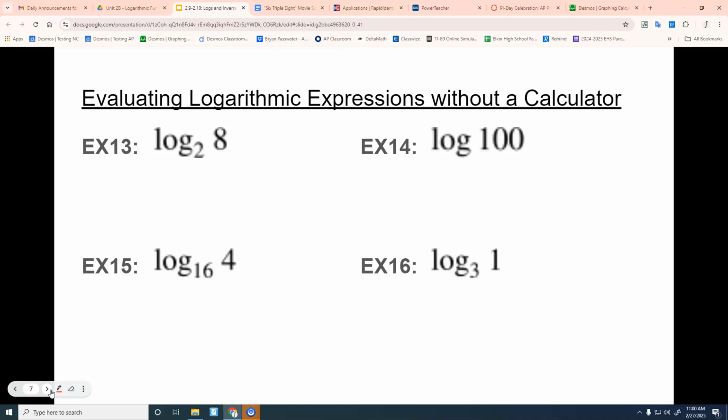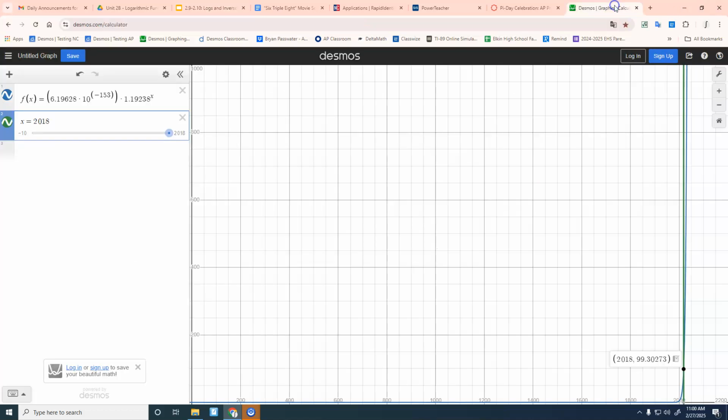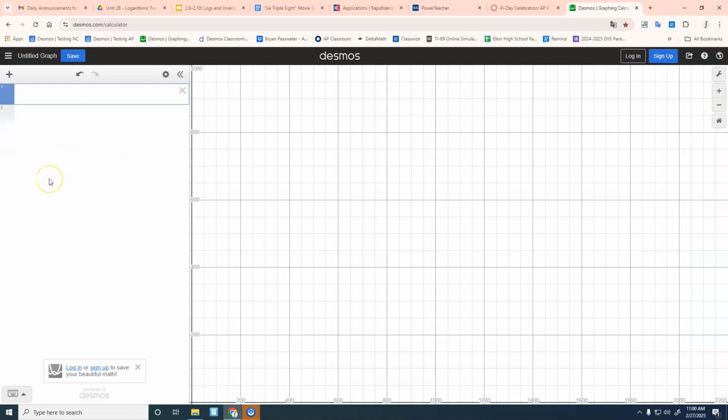If you want to type this into the calculator, you go over to Desmos. There's a special button for logs, but if you do log and you do shift underscore, like if you're going to type an underscore, it'll take you down here, log base 2 of 8. It'll do it for you, right?